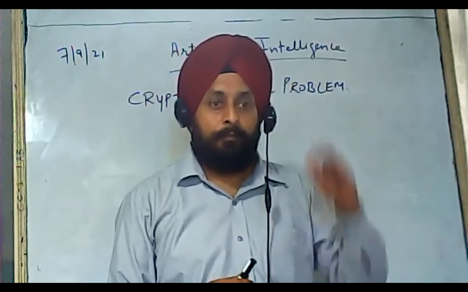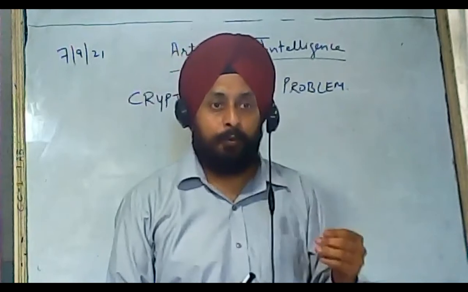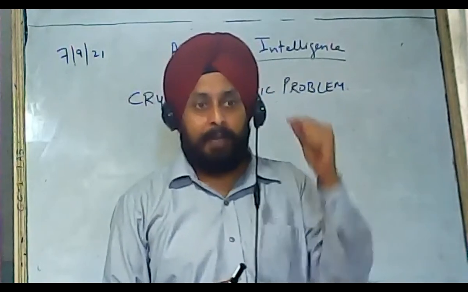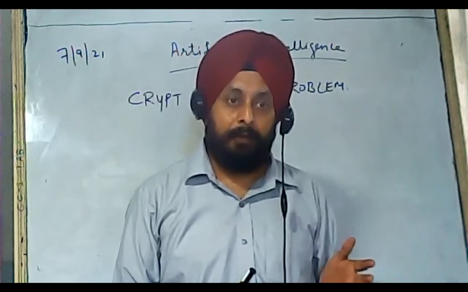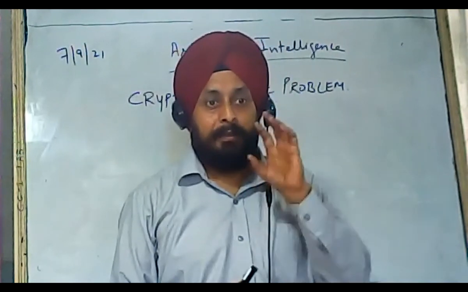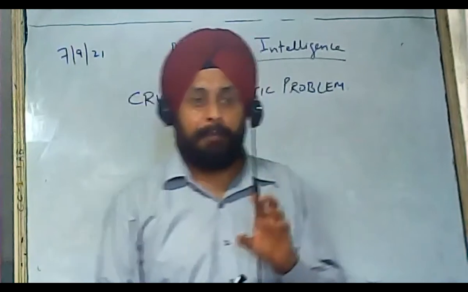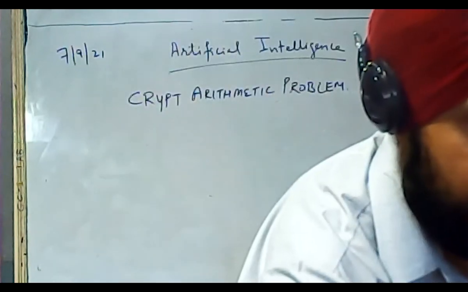And once one digit from 0 to 9 is assigned to one character or alphabet, it cannot be assigned to another alphabet or character, and vice versa. So this is the condition for a crypt arithmetic problem.